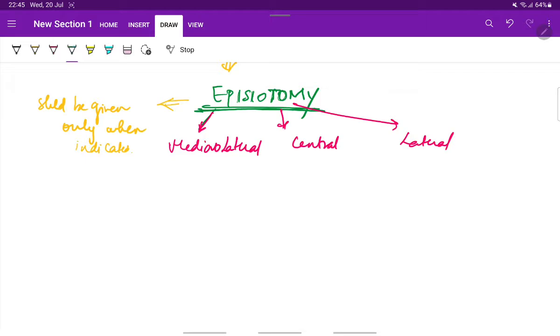This episiotomy is done when the head is crowning.